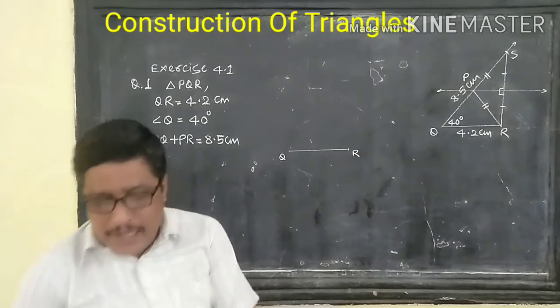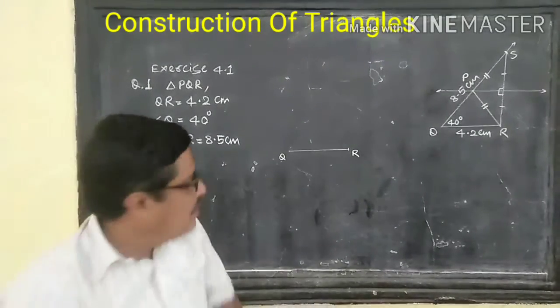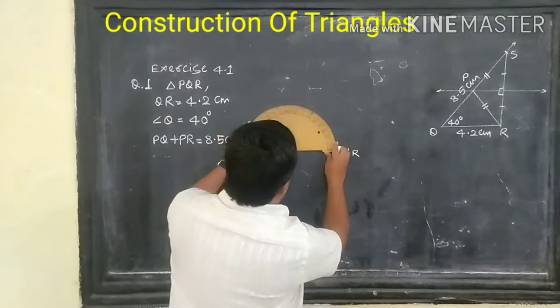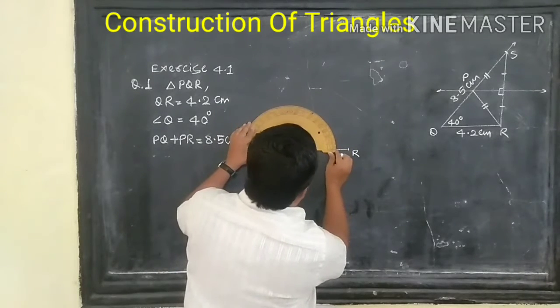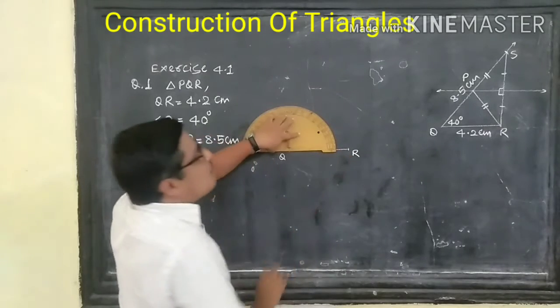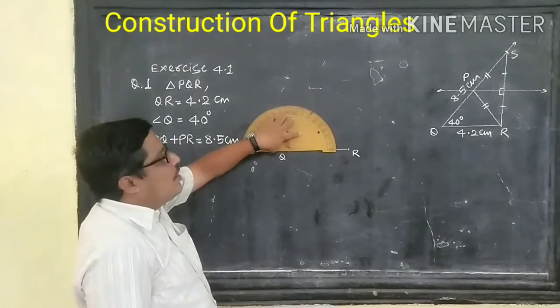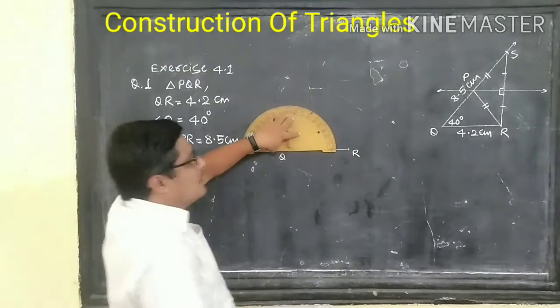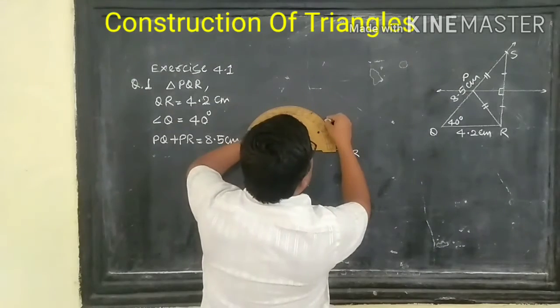After that, angle Q is of 40 degree. Whatever the angles are there with very smaller measure must be drawn accurate so as to reduce the error.